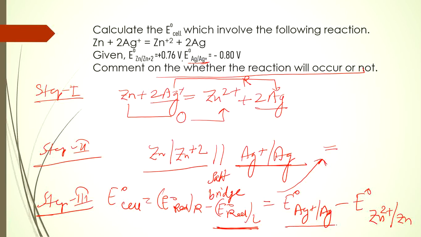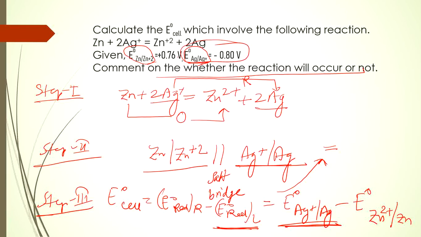So what is the value of E0 of Ag plus by Ag? The term which has been provided is actually the oxidation potential for silver by silver plus, and for zinc by zinc 2 plus. So what would be the reduction potential of silver plus by silver? Just the opposite of the oxidation potential.